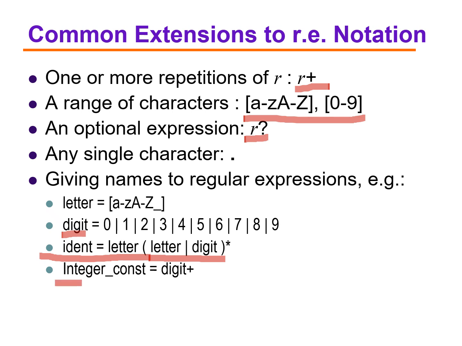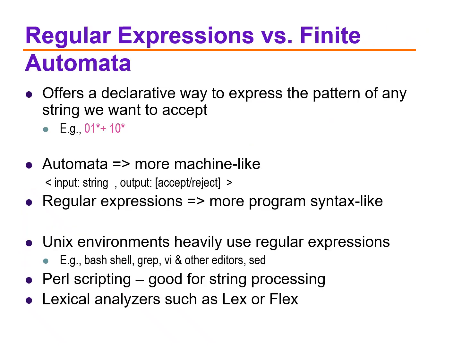And this is a constant, where a numeric constant can be represented, and all these notations are used by finite automata to recognize this regular expression. Here, what is the relationship between regular expressions and finite automata?